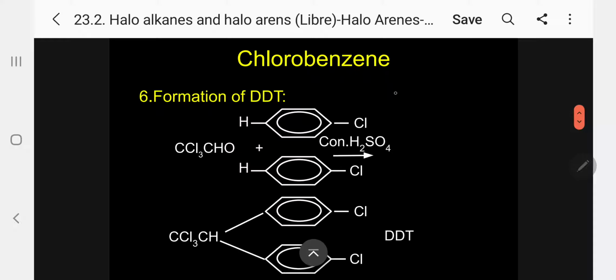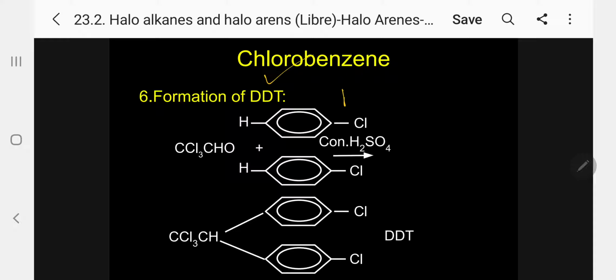Now, another important thing I just want to give here. Chlorobenzene, in addition to the 5 reactions, has another important reaction, the formation of DDT. What is DDT?